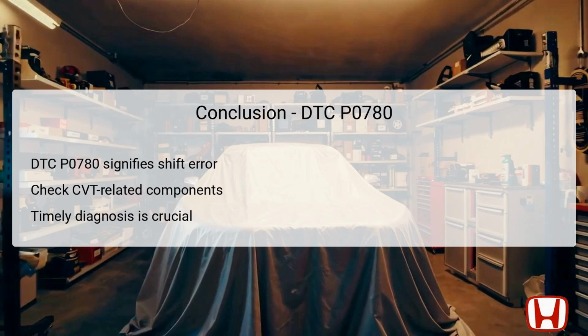In conclusion, DTC P0780 indicates a significant shift error within the Honda Accord's CVT system, which affects vehicle performance. Identifying the root causes requires a thorough check of associated components, including wiring, connectors, and the essential CVT valves. Symptoms such as the illuminated MIL and blinking AT gear position indicator must not be ignored, as they provide necessary prompts for timely diagnostics and repairs.